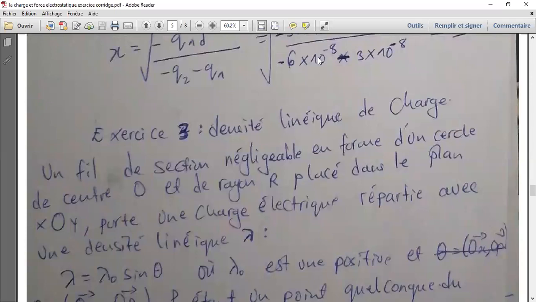It's not at a fixed state. If I move from one point to another, I'll still find the same charge. You're going to understand more when we start doing the exercise.